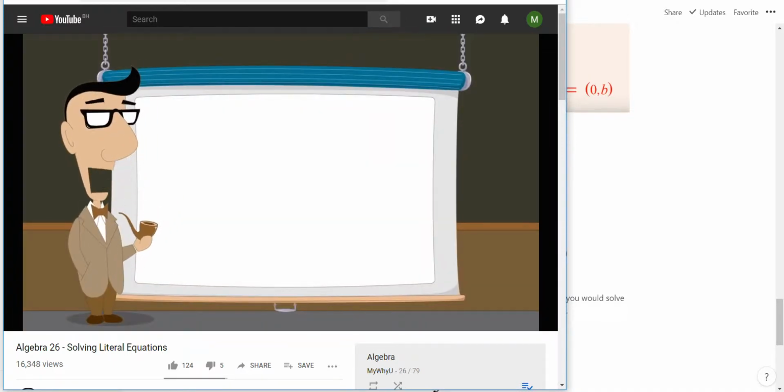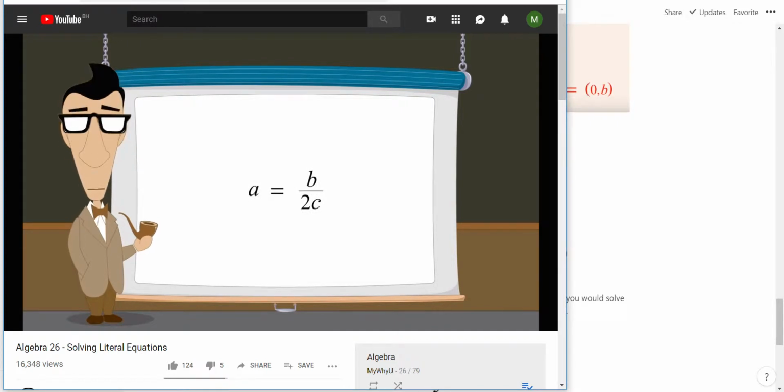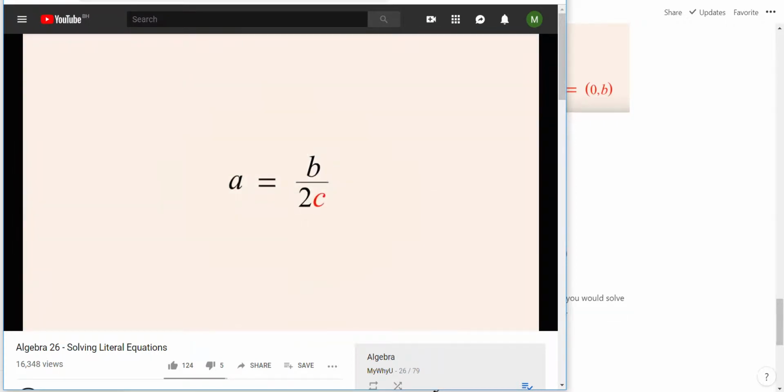Let's say that we are given a formula A equals B over 2C and are asked to solve this equation for C, given known values for A and B. To solve for C, we want to rearrange the equation with C alone on the left side. To do so, we must first move C out from the denominator of the fraction.